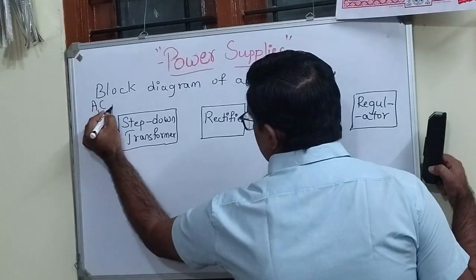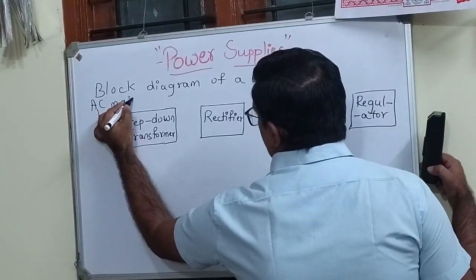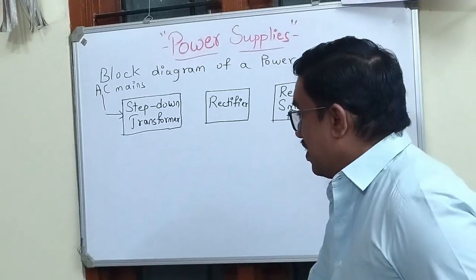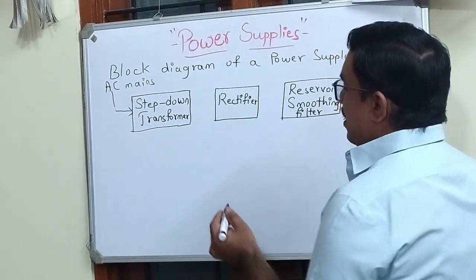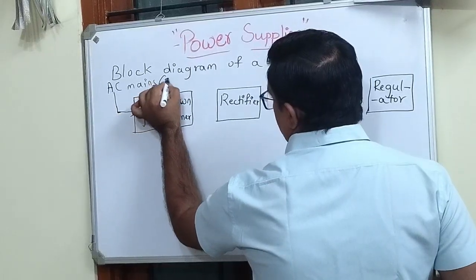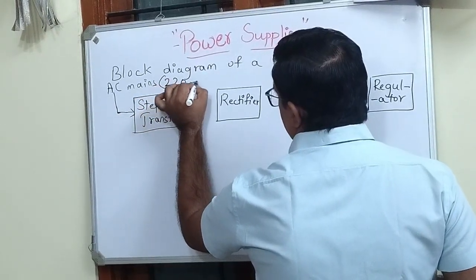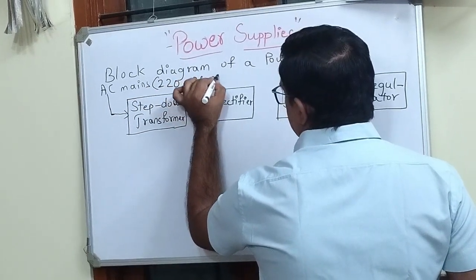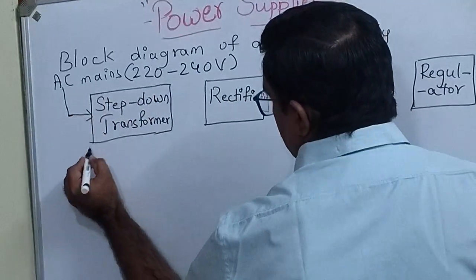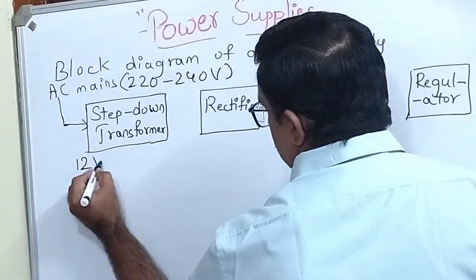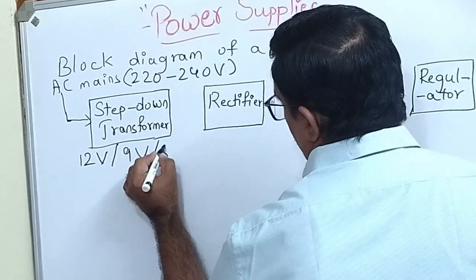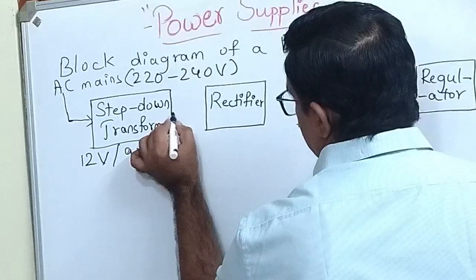Our AC mains supply, somewhere around 220 to 240 volts, is fed to a step down transformer, which converts it into either 12 volts, 9 volts, or 5 volts.